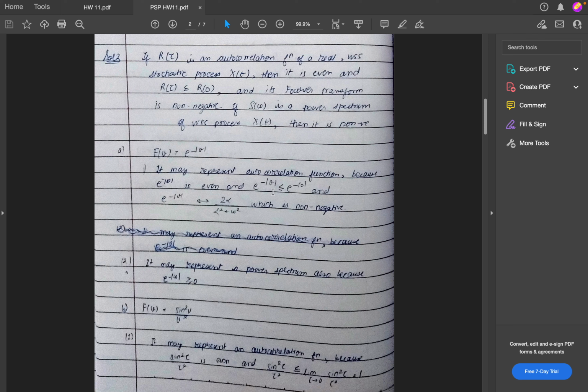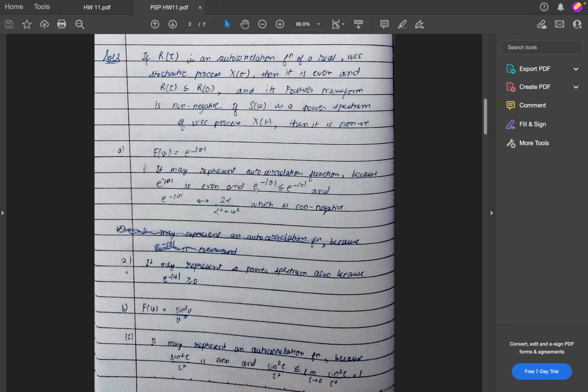So e raised to power minus mod v will always be less than or equal to 1. So it satisfies this condition. The third thing is its Fourier transform is given by 2 alpha upon alpha square plus omega square, which is non-negative. So this condition is satisfied as well. So this represents an autocorrelation function.